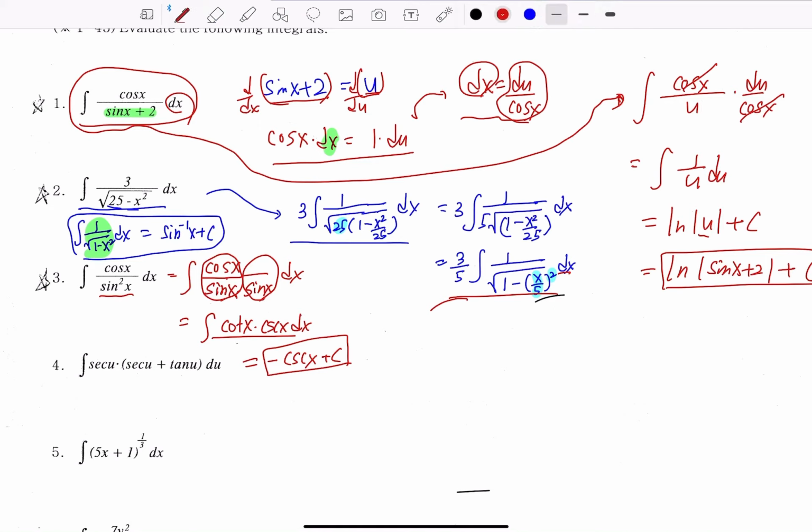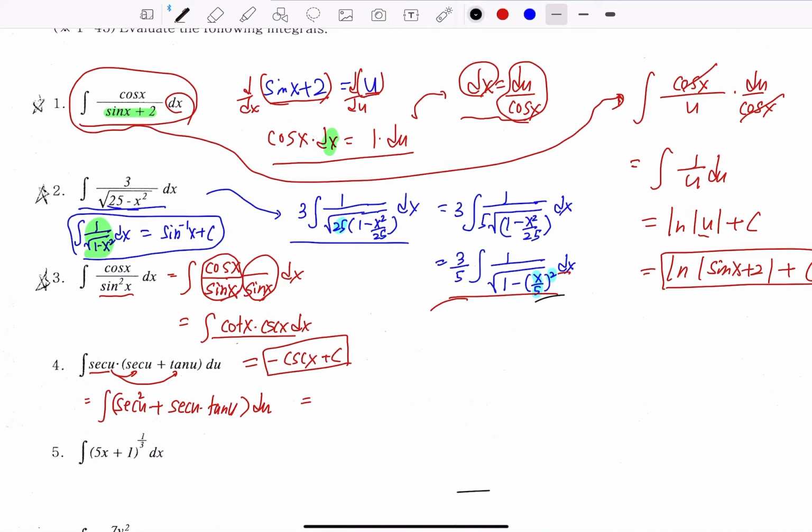Next question. Integral secant u times parentheses secant u plus tangent u. Let me distribute secant u for these two. So secant u times secant u, which is secant squared u, plus secant u times tangent u du.